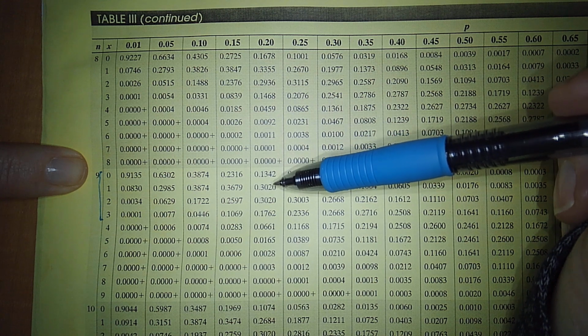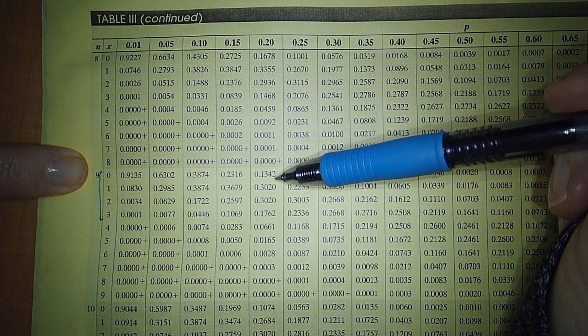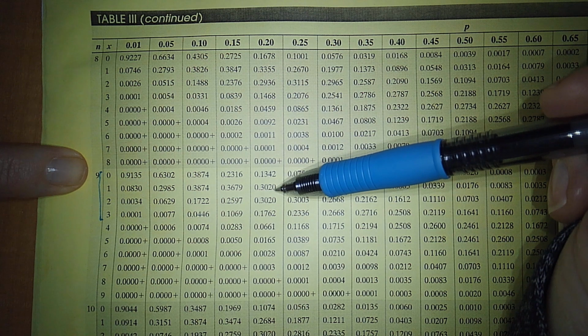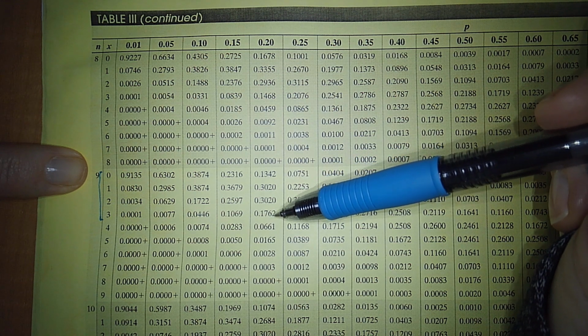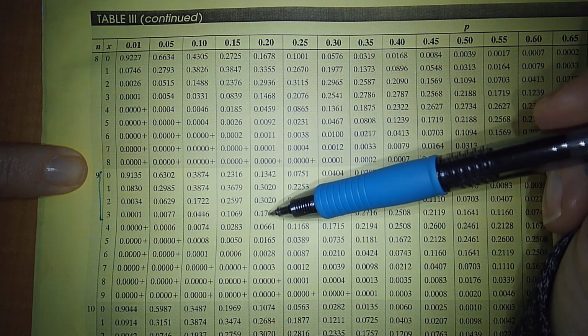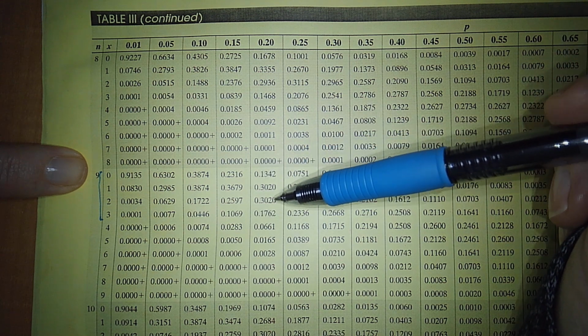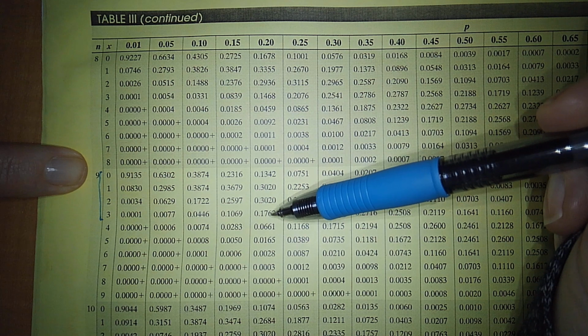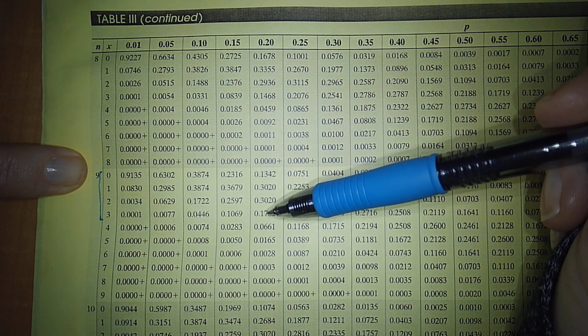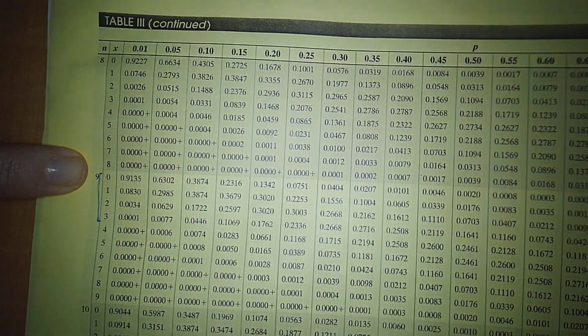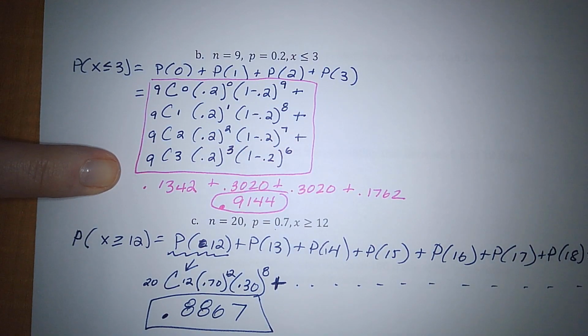So these are the values that I'm going to be adding together. 0.1342, 0.3020, 0.3020, and 0.1762. And you'll notice those 4 values are the same 4 values that we had in our lecture notes when we did it by hand. So you still have to manually add those together, which is what we did here.